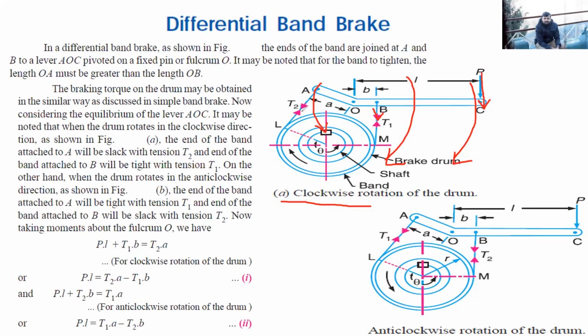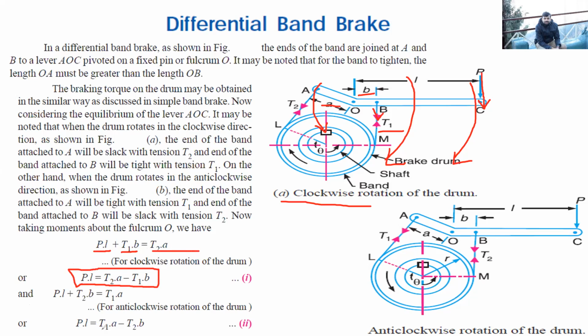So this will be on another side of the equation and the rest two will be on the same side, that is PL plus T1 into B, this force T1 multiplied by B, is equal to T2 into A, this T2 multiplied by A. This is in the condition of equilibrium. So we can write PL is equal to T2 into A minus T1 into B. So we have transferred this T1 over here.